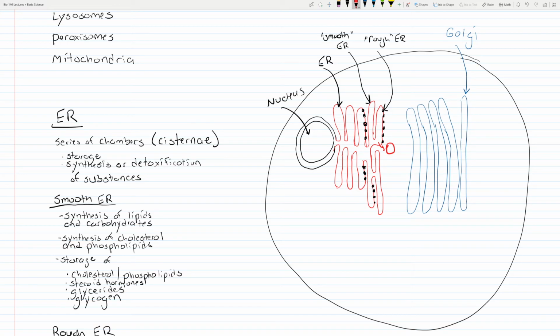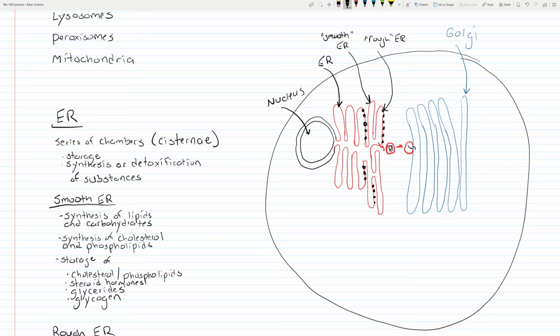Okay, and it's going to move, being carried by microtubules and microfilaments, intermediate filaments, and it's going to eventually fuse with the Golgi. And when it fuses with the Golgi, we're just going to draw some stuff in here. Let's just say some kind of protein or something.